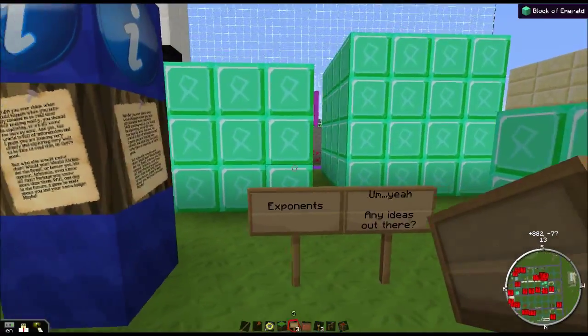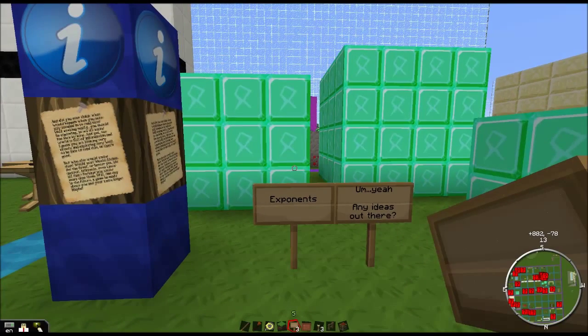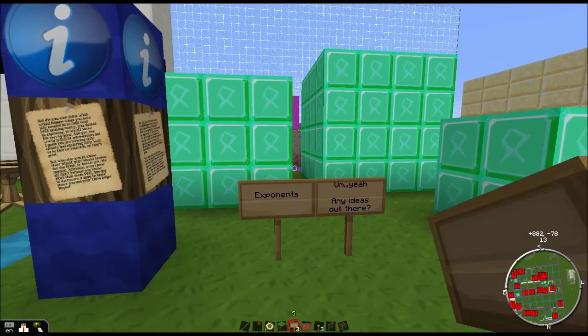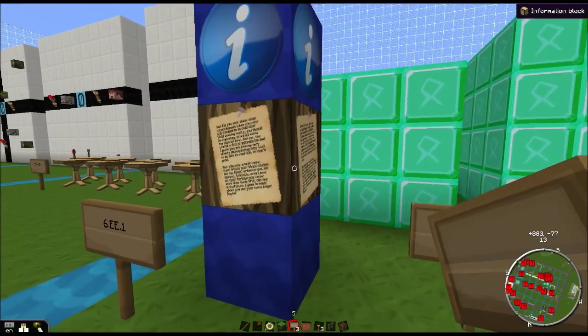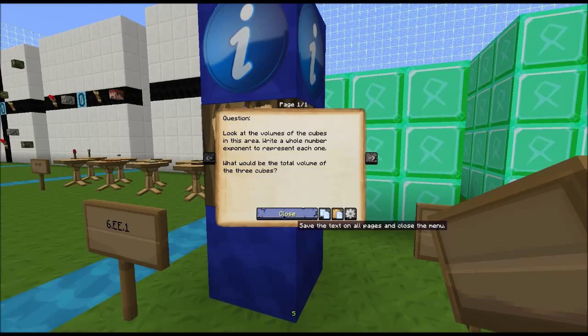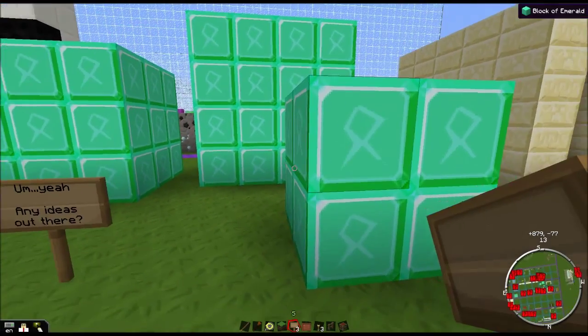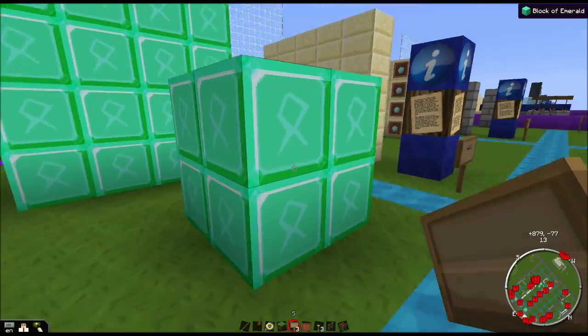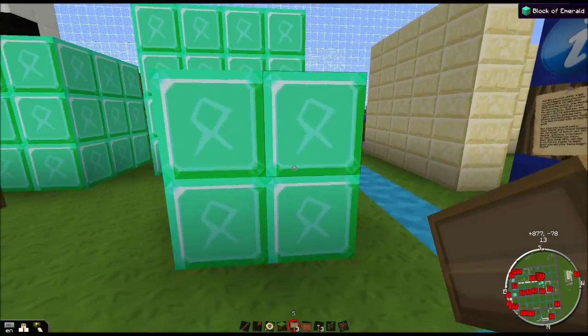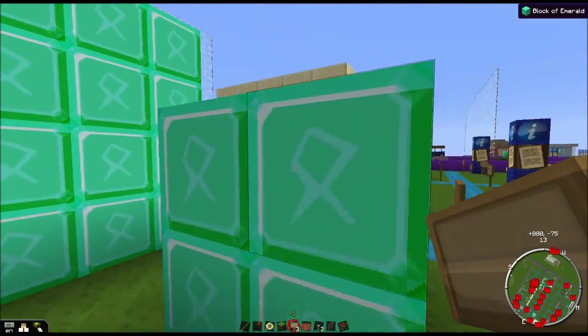Moving on, exponents. Now, I definitely sat here and stared at the screen for, well, I won't tell you how long, trying to figure out how I can show exponents. What I came up with was using cubed volumes. To calculate the volume of this, you would do 2 by 2 by 2.